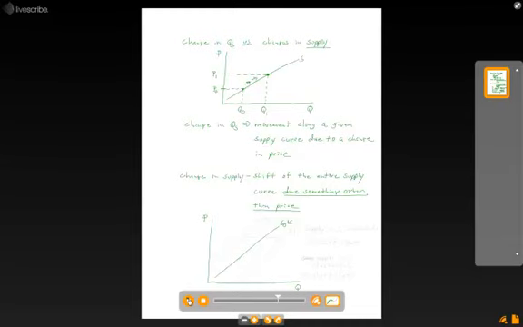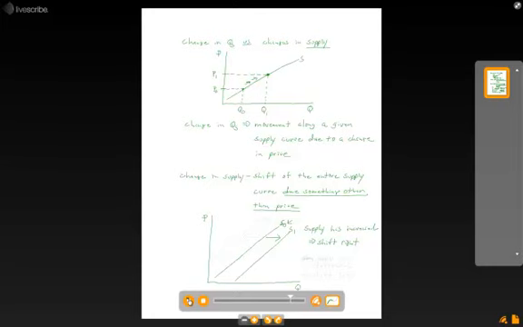If I make the statement that supply has increased, or another way of saying that there has been an increase in supply, then that implies that the entire supply curve has had a shift to the right. So in your model, you would take your entire supply curve and shift it parallel out and to the right. So that's an increase in supply.